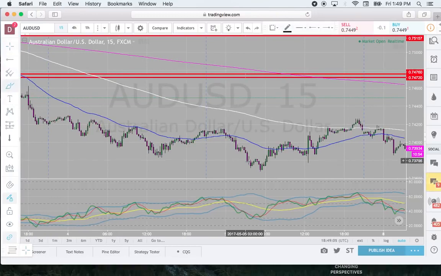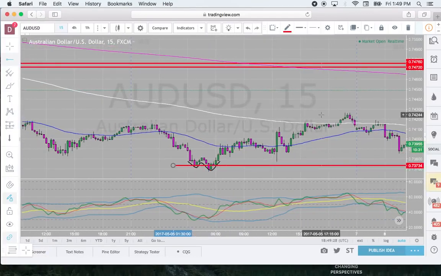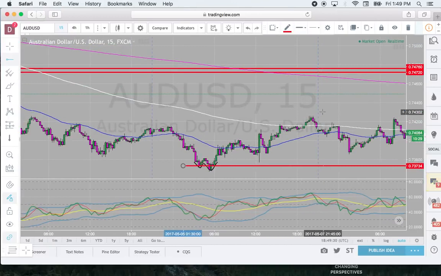Here's a W. Right here, you can see divergence. Perfect example. The market maker broke the low, but did our candlestick pattern. They broke the low and then shifted right back above the low again, and then changed their direction, changed the trend.